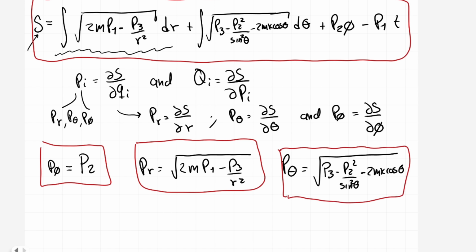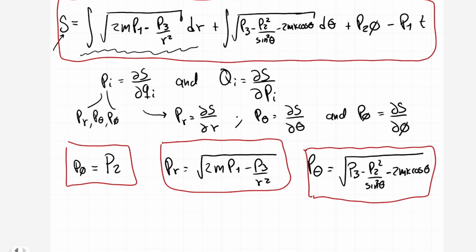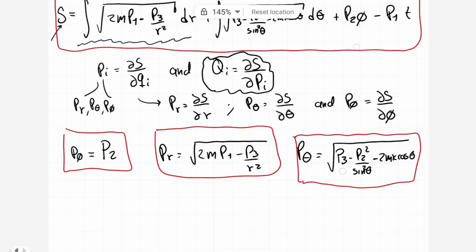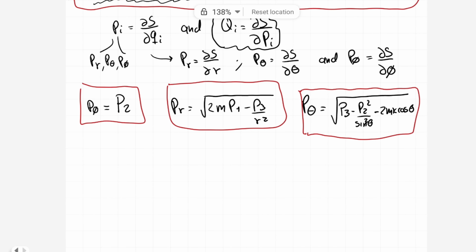Okay. So what other thing can we do? Well, we can use this formula that we have here to find the Q's, the upper Q's, that are going to tell us what is the canonical transformation generated from S. So, for example, Q1 will be the derivative of S with respect to P1.